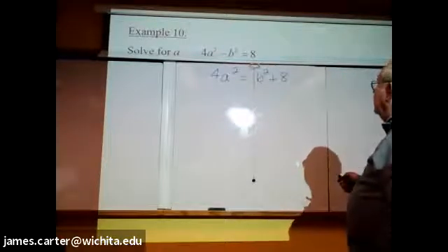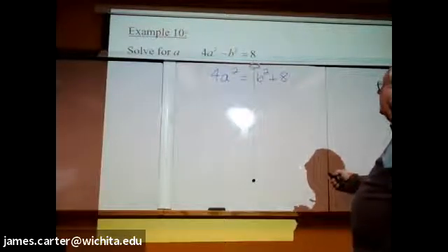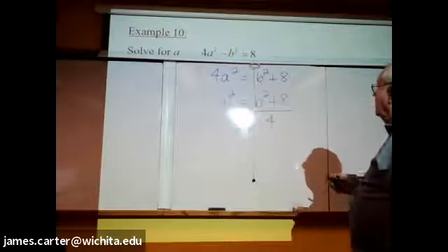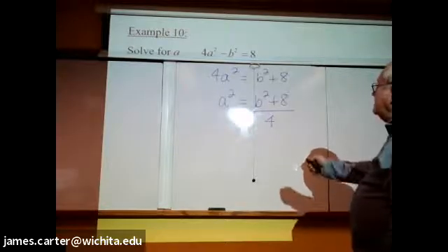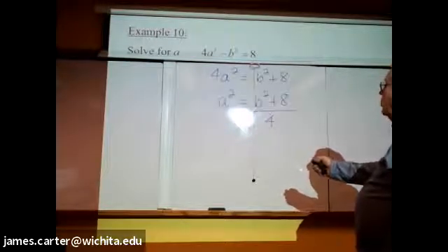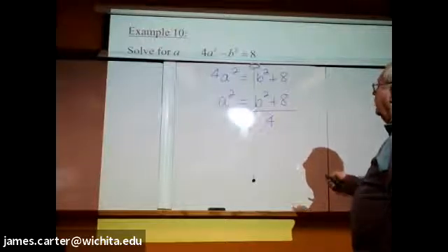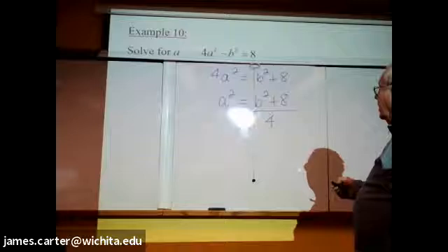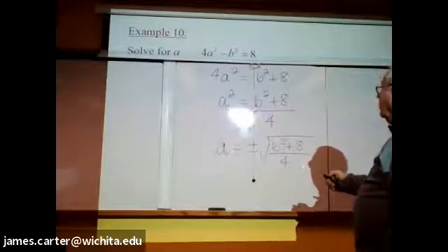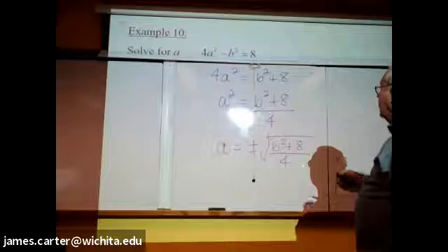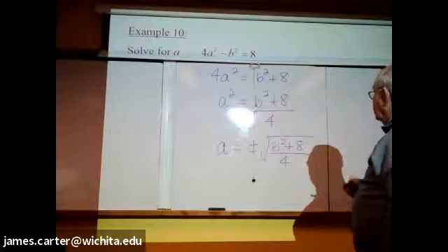We move the B over to the other side. Now we can divide both sides by 4. In this case, since 4 is a perfect square, you wouldn't have had to do that. You could have taken the next step before you did that. Okay, so here we take the square root of a squared, we take the square root of all of that, which gives us this value.